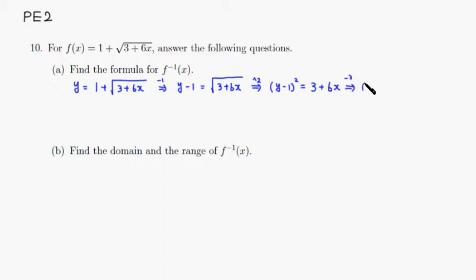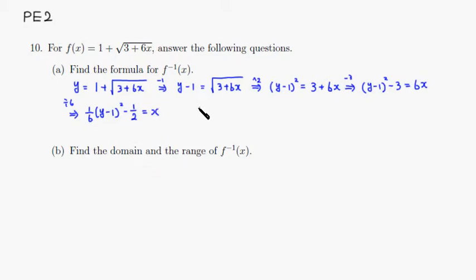So you get (y minus 1) squared minus 3 is equal to 6x. Then the last step would be to divide through by 6. You're going to get 1 over 6 times (y minus 1) squared minus 3 divided by 6, which is 1/2. That's equal to x.